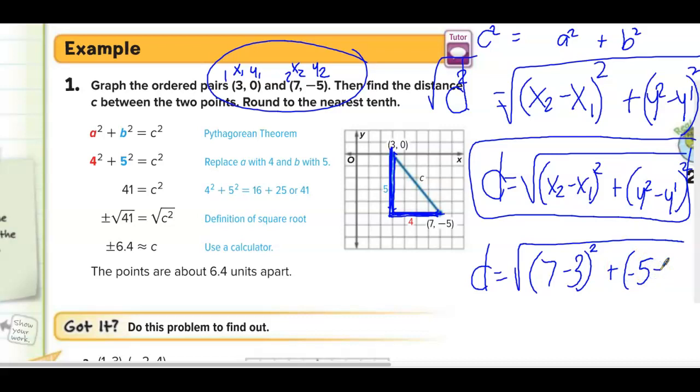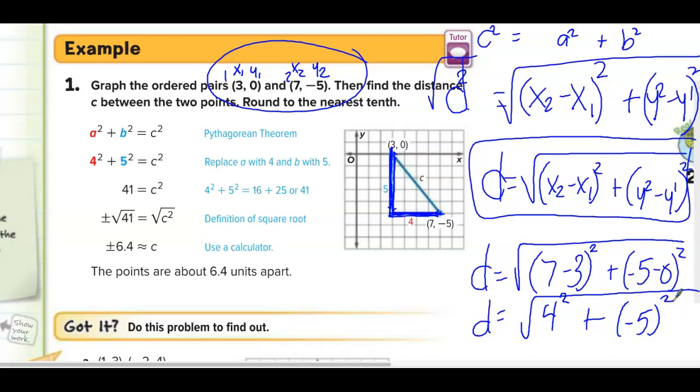Minus, what's y1? 0. Quantity squared. So what would I do first to solve that? Parentheses, PEMDAS, right? So 7 minus 3 is 4, so I have 4 quantity squared plus negative 5 minus 0, or negative 5 quantity squared.